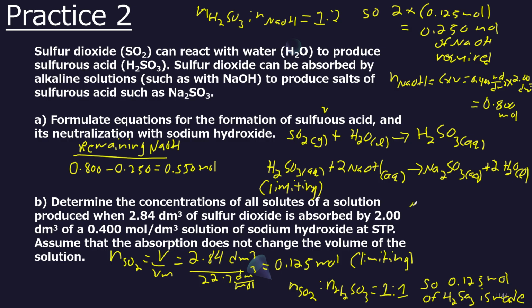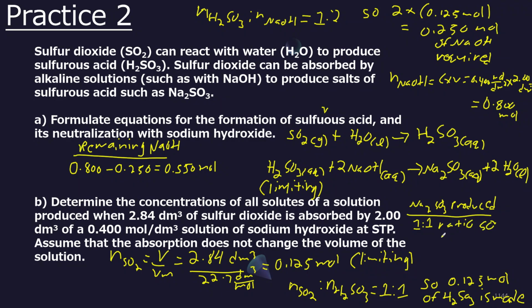So Na2SO3 produced. What's the ratio between our limiting reactant? It's 1 to 1, 1 to 1 ratio.